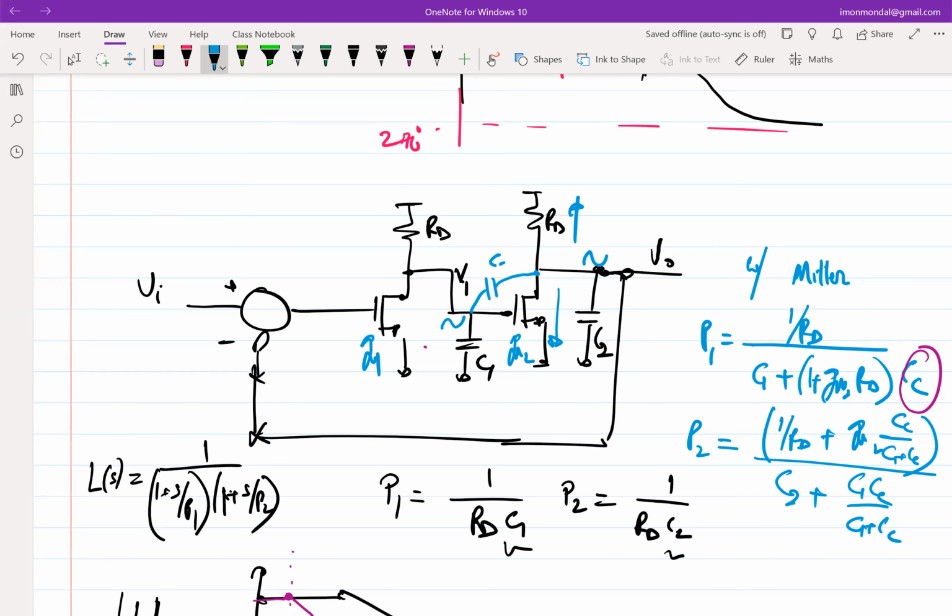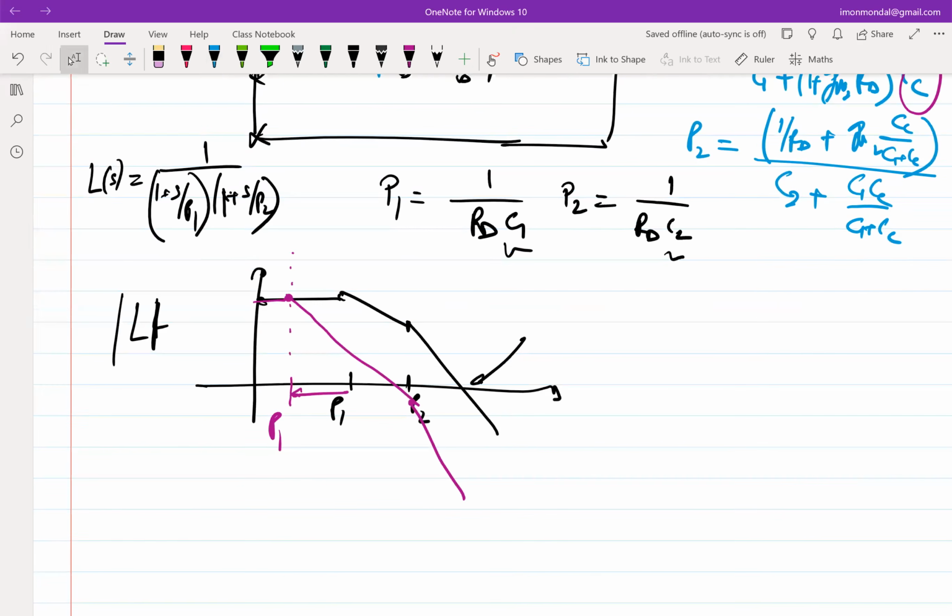This is at a higher frequency because now you know that GMRD is definitely more than 1, and that in the numerator in P2 is more than 1 over RD. So the conductance part has increased. Capacitance has also slightly increased, but not as much. So essentially, the new P2 will also move.